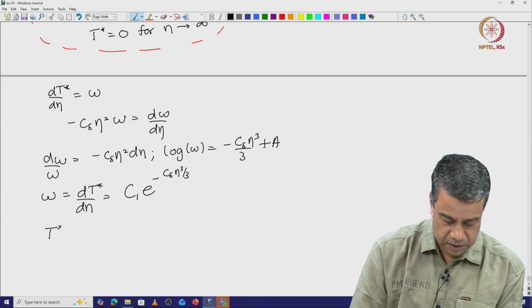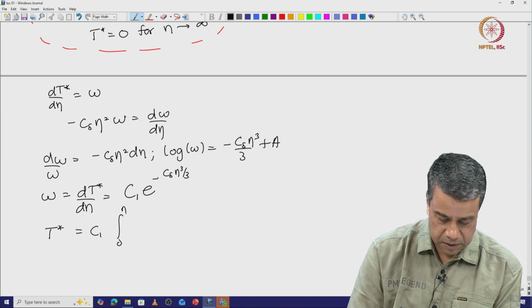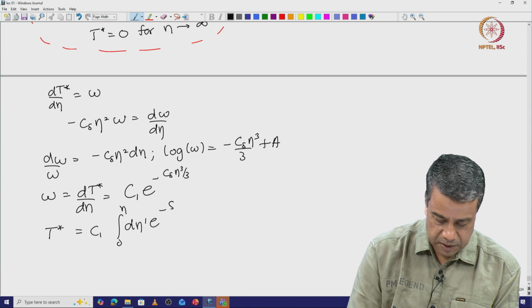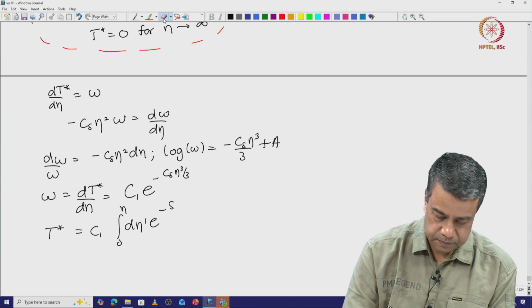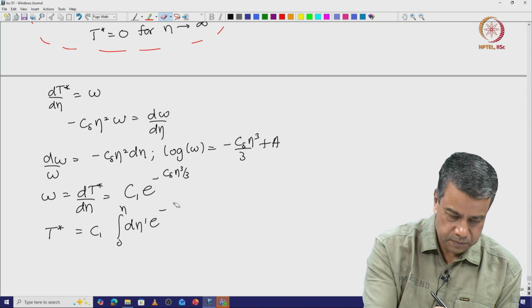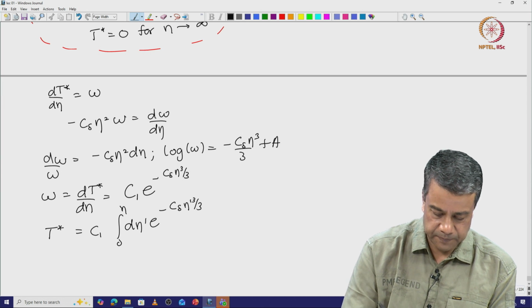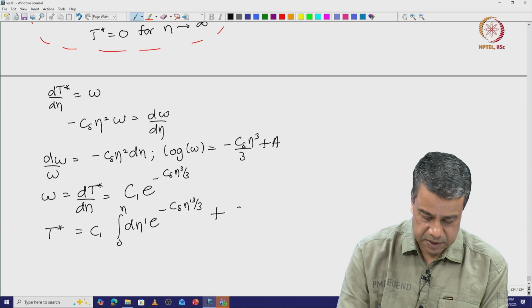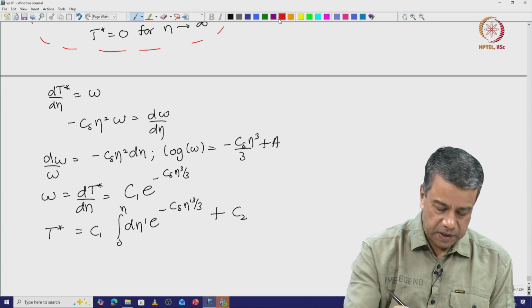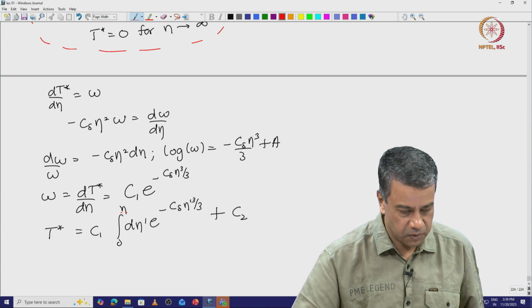Therefore, T star is equal to c1 integral 0 to eta d eta prime e power minus c delta eta prime cubed by 3, plus c2, where eta prime is the variable of integration. The variable eta is appearing in the upper limit of integration when you do this integration.